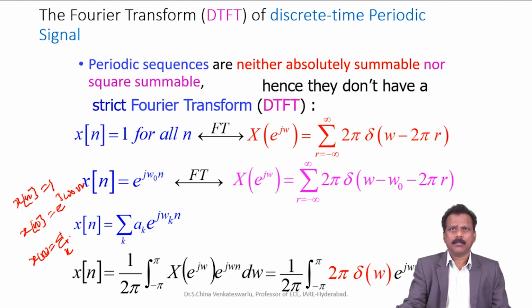Like this, the periodic sequences are neither absolutely summable nor square summable. Hence, they don't have any strict Fourier transform like the DTFT.